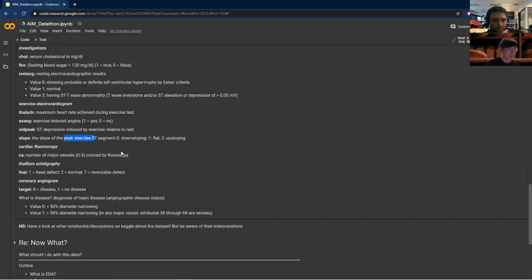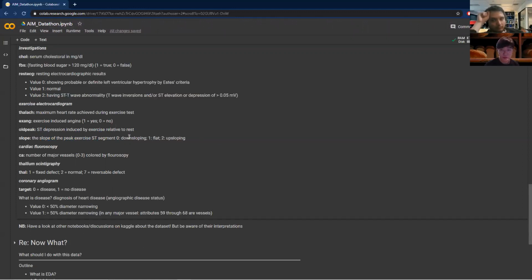What this means is that during peak exercise, so during their maximal exercise level, which I don't really know what they mean by that. I guess the treadmill was timed, so I'm guessing it will increase intensity and then decrease intensity. And then at their maximal intensity of exercise, they looked at the ST segment and looked at the slope of the ST segment.